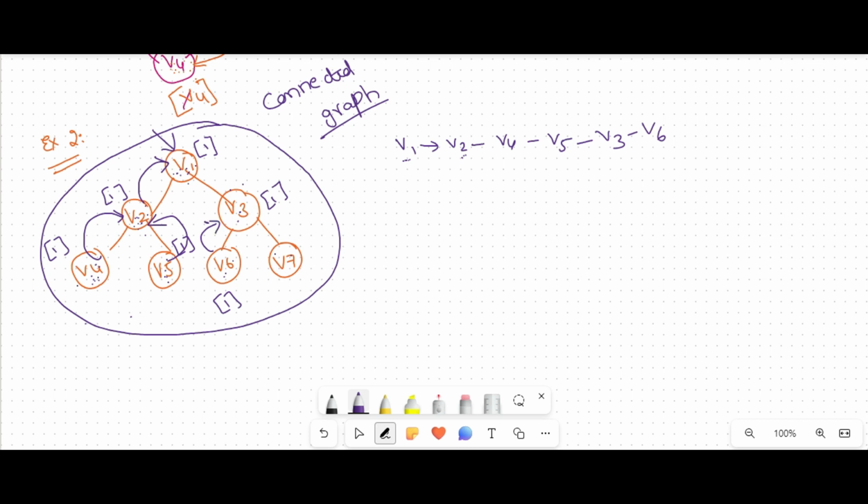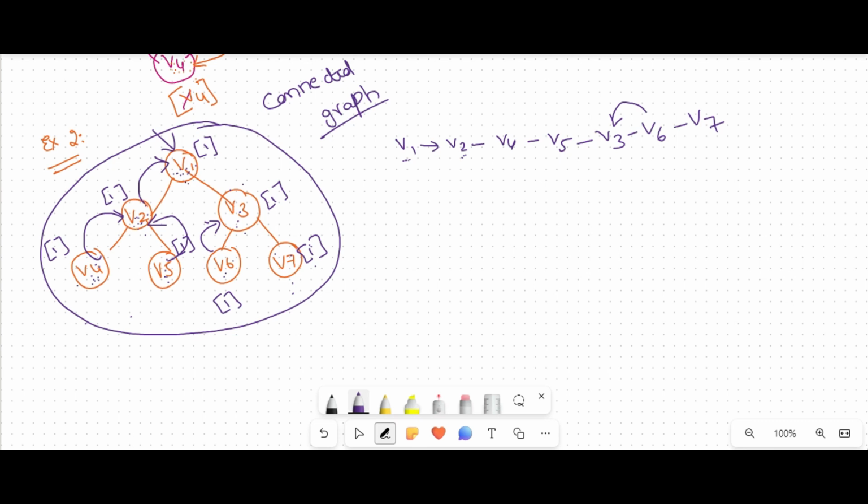So move back. Before V6, which vertex was visited? V3. That's why we move back. V3 adjacent vertices are V1 and V7. V1 is already visited, so visit V7. V7 has no adjacent vertices.